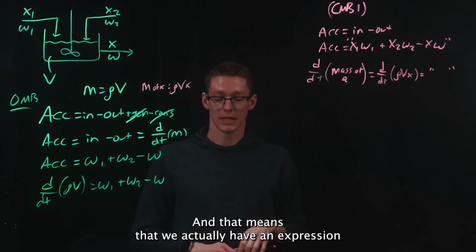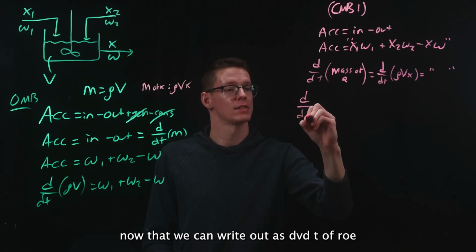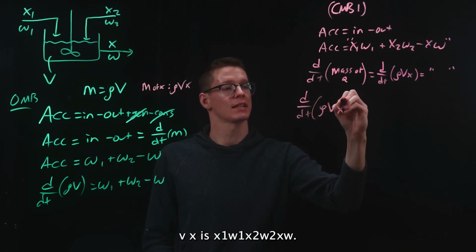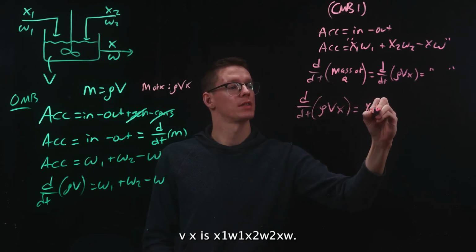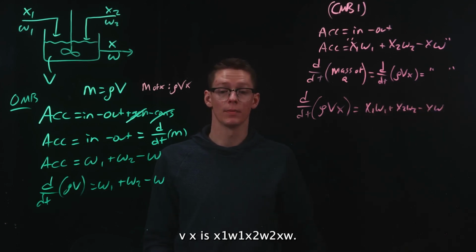That means we have an expression that we can write out as d over dt of rho V X is X1 W1 plus X2 W2 minus XW.